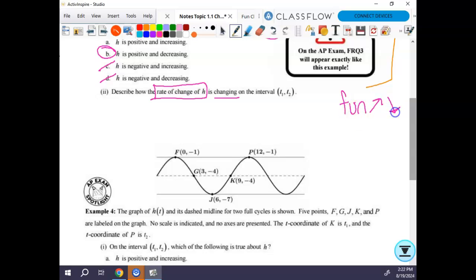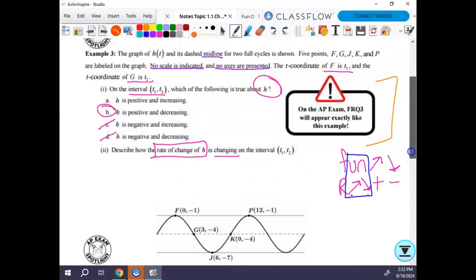Okay, so here we go. And if I want to know how it's changing by either increasing or decreasing, I want to know if it's increasing or decreasing, which means for the function, I look to see is it concave up or down.